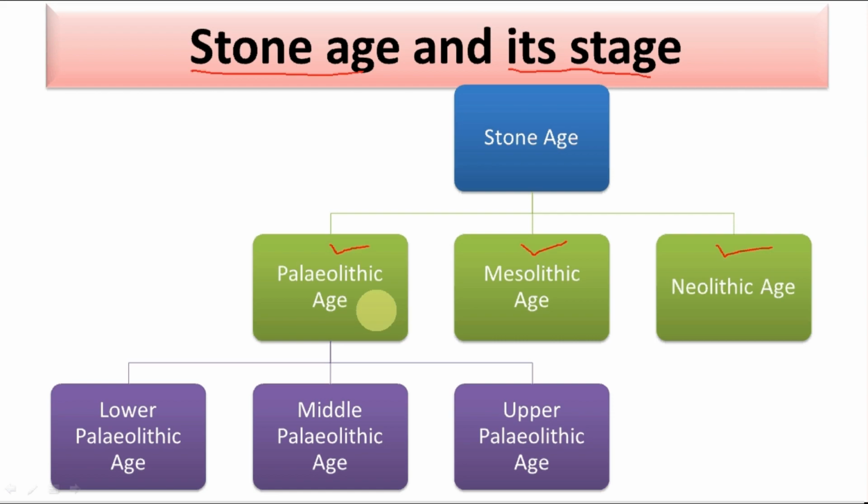And Paleolithic Age can further be divided into three parts: Lower Paleolithic Age, Middle Paleolithic Age, and Upper Paleolithic Age. Now, in the next part of this video, we will study all these three types in detail one by one.